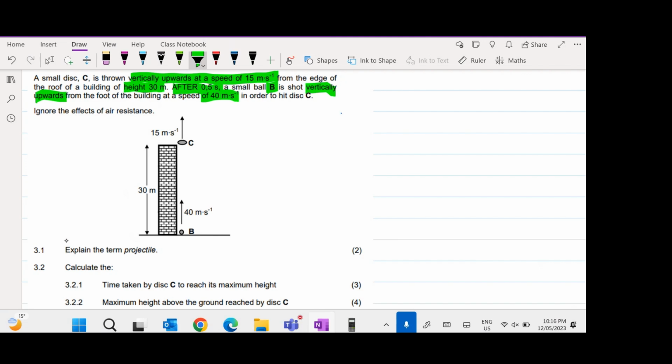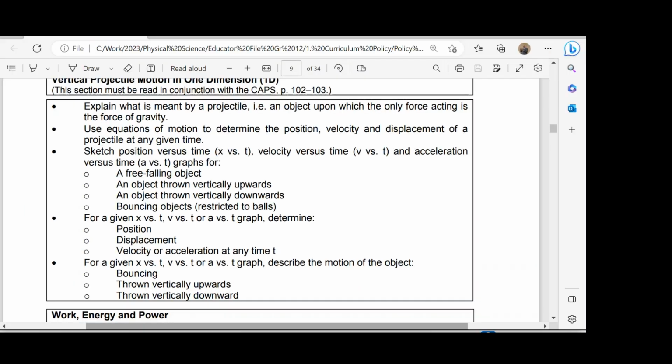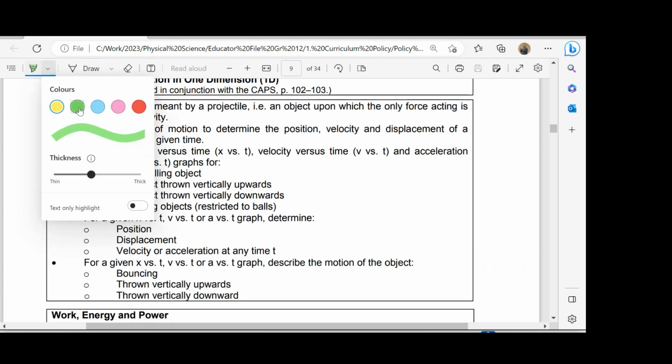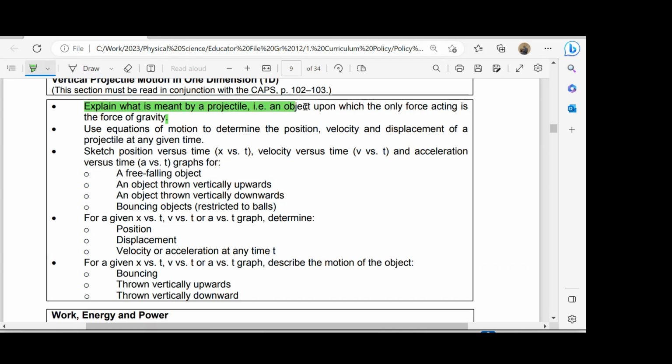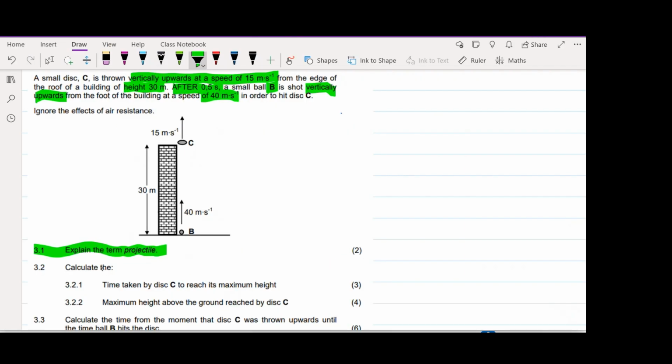The first question we get is to explain the term projectile. Like I said, projectile is explained using our exam guideline. We just use this information: an object upon which the only force acting is the force of gravity. Now they say calculate the time that is taken by disk C to reach its maximum height.